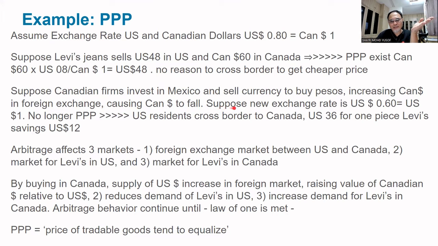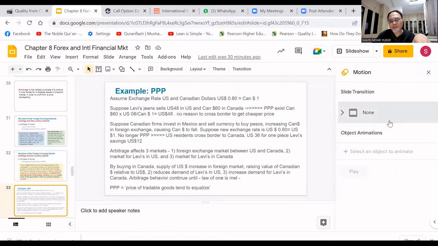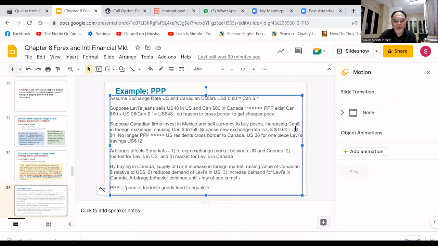Suppose the new exchange rate is 60 cents for one Canadian dollar. I mistyped this, it should be Canadian dollars. Let me just change this. Are you following the example?